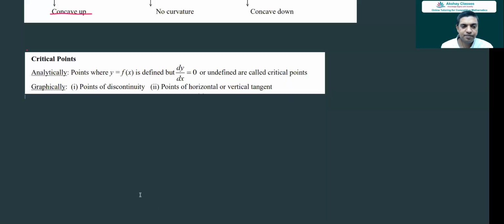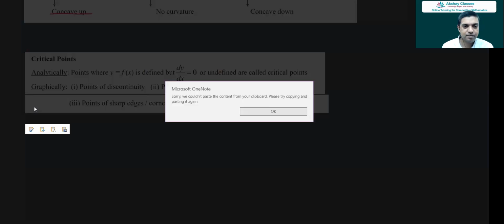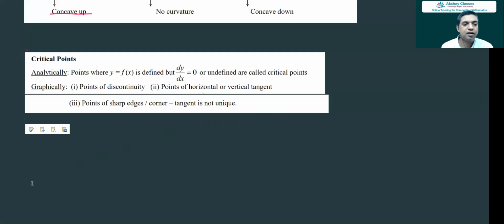We examine critical points because we want to find out at the critical points whether the function reaches its maximum or not.